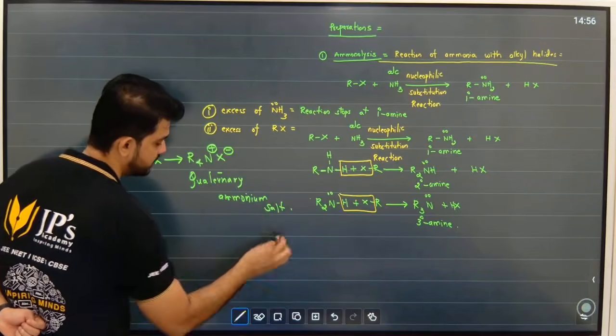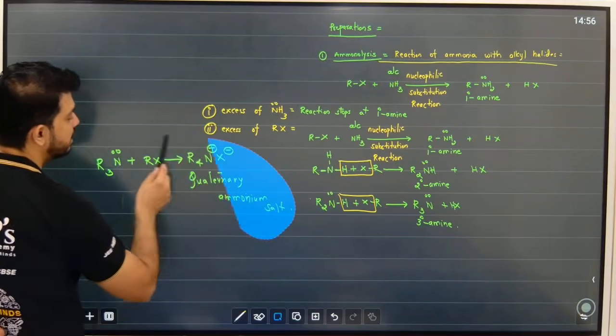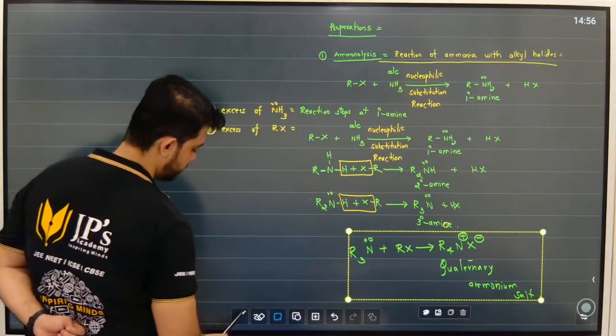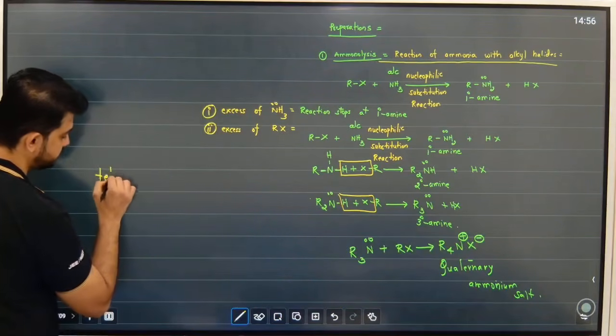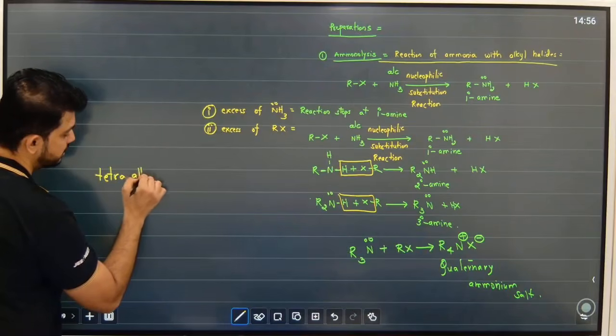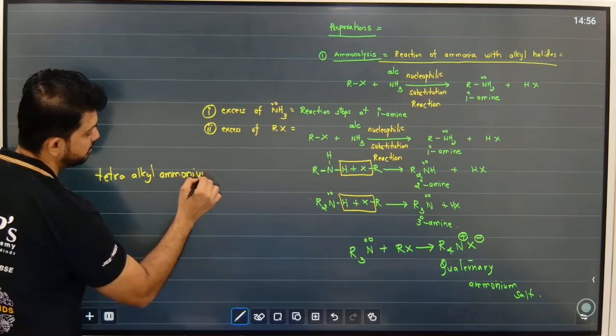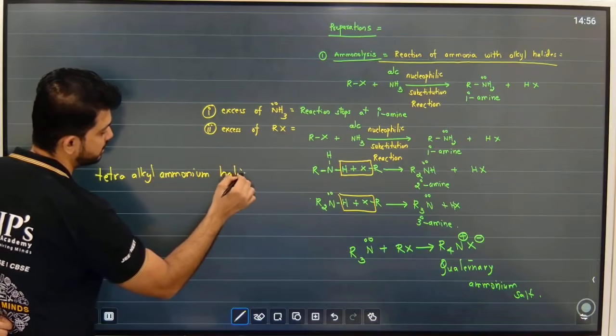Nomenclature आप इसका लिख सकते हैं students, tetra alkyl ammonium halide. I repeat, you can also call it as tetra alkyl ammonium halide.